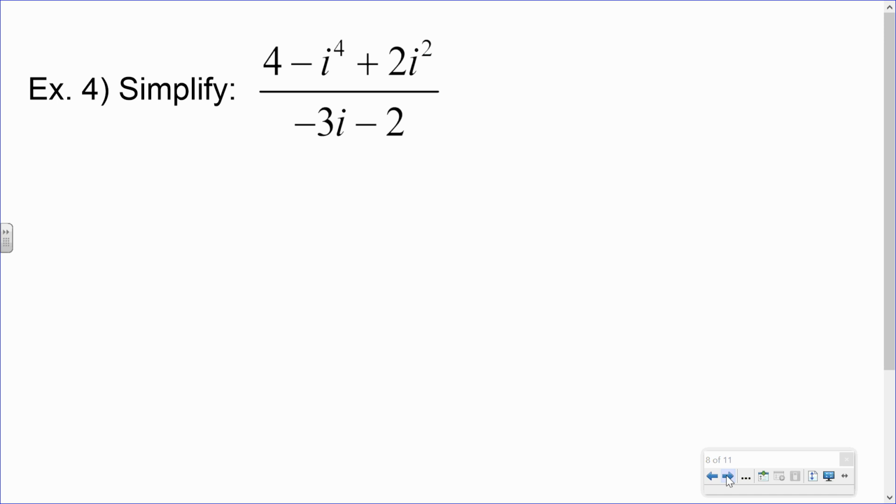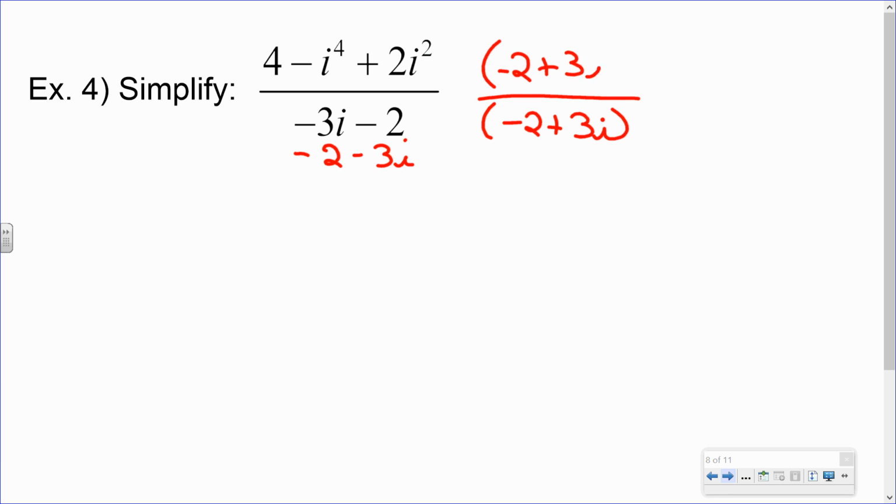Which would be? Okay, there are two ways we could do this. I'm going to do it the technically correct way. This technically should be -2 minus 3i to write that complex number in the correct order. So then I'm going to multiply it by -2 plus 3i over -2 plus 3i.